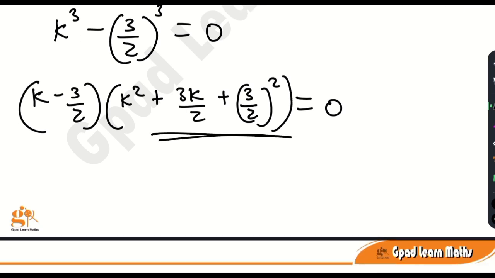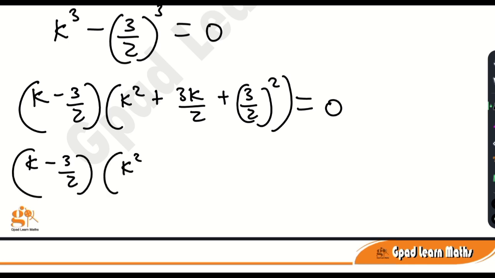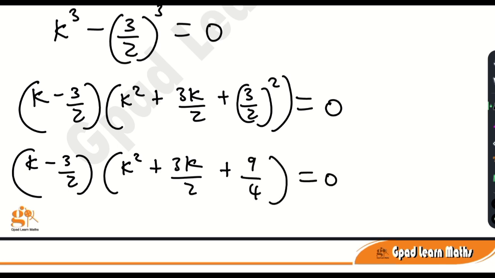So let's simplify this expression just one more step. So I have k minus 3/2 in bracket, and then what? k squared plus 3k/2 plus, if you apply square to 3/2, you get what? 9/4. So let's write 9/4, and all is equal to what? 0.